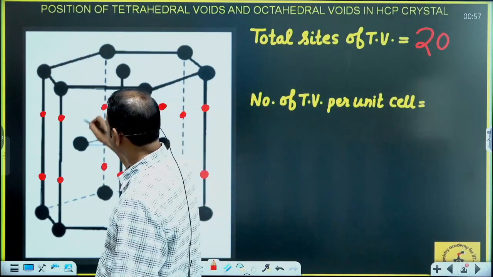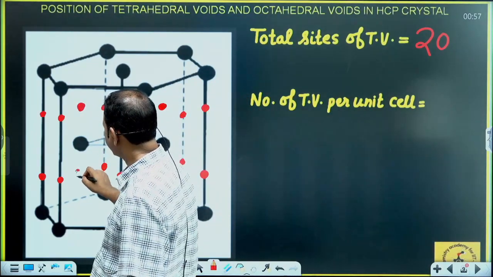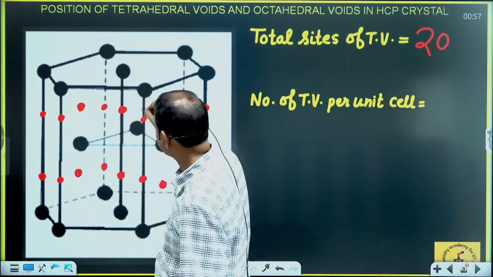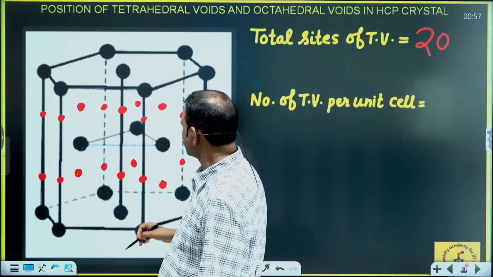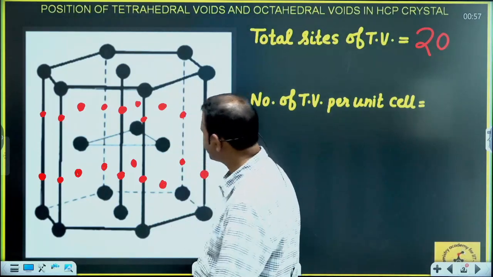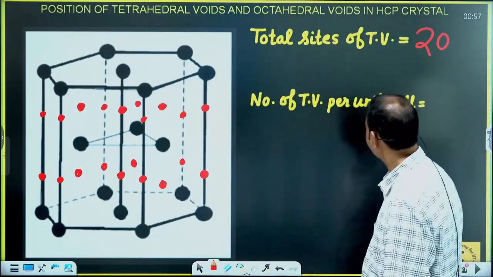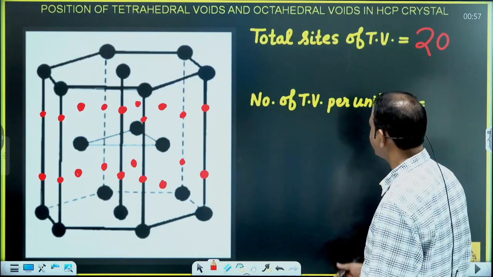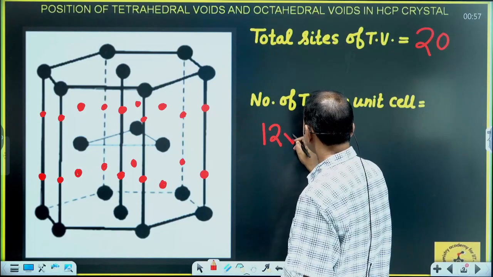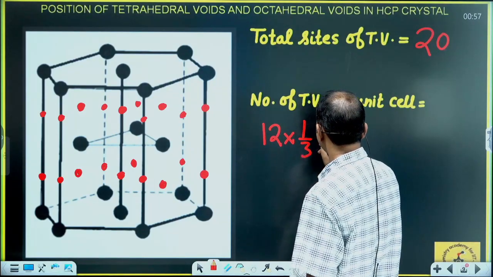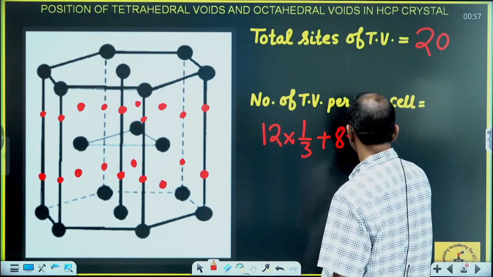Similarly, with respect to this also there is a tetrahedral void. With respect to this atom also there are tetrahedral voids. So there are 8 whose contribution is 1. So total sites are 20, of which 12 sites have contribution 1/3 and 8 sites have contribution 1.